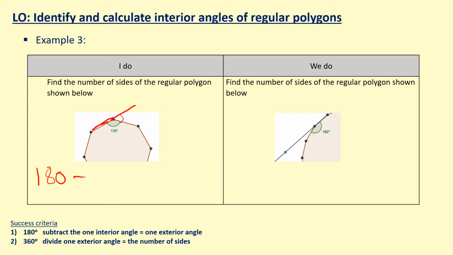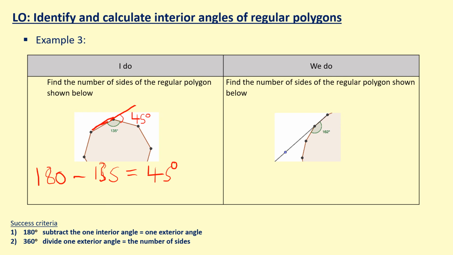So 180, subtract 135. Take 100, take 5, so 45. Remember now that exterior angle is 45.